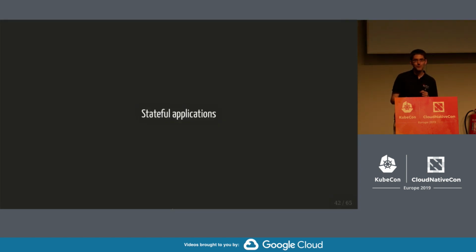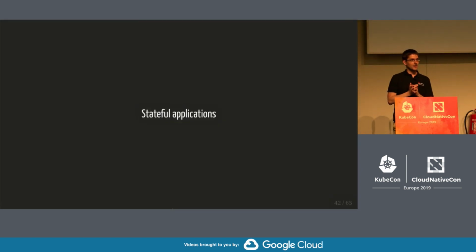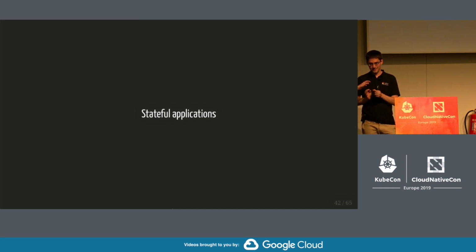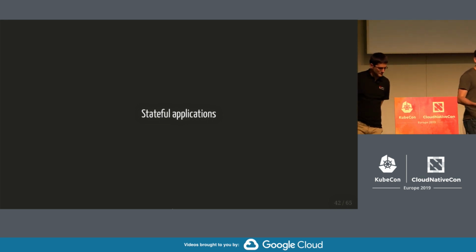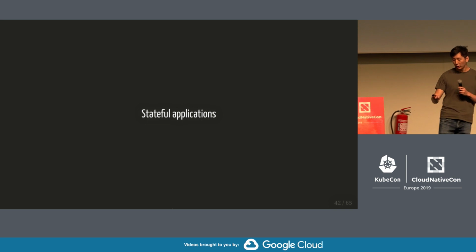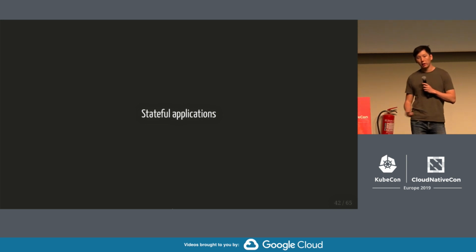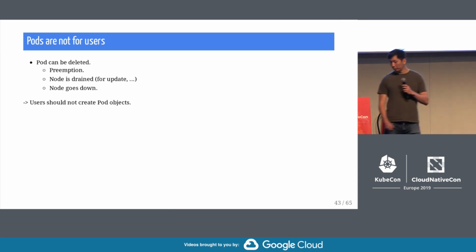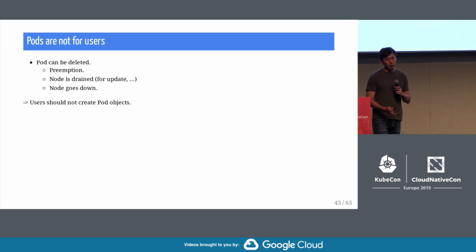So now that you know all these Kubernetes objects, it's time to show you how to use them in reality. Right, so we've learned about the pod, the PVC, and the PV. But actually, we don't recommend using pods in production environments. That's because pods are not really for end-user production, right?